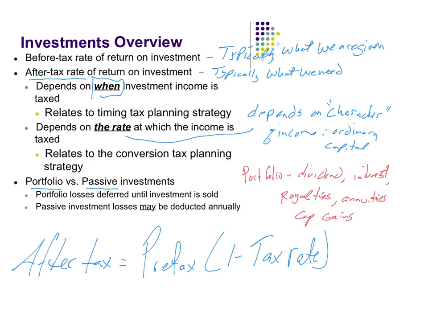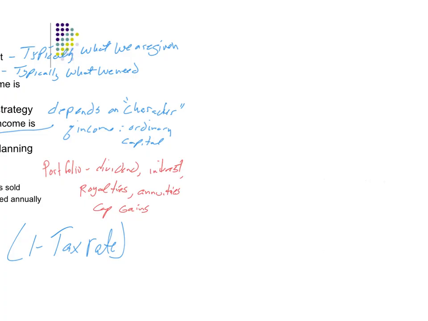Okay, these are all things that are considered portfolio. Okay, and so their losses, you can't recognize losses until that investment is sold. Okay, now I'm going to slide a little bit over.